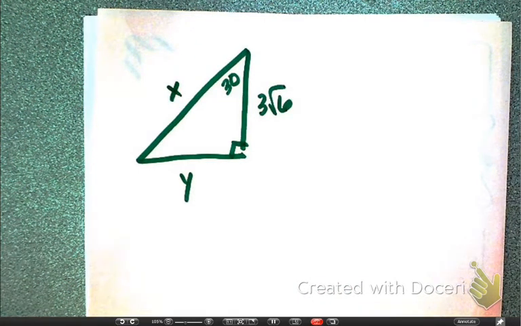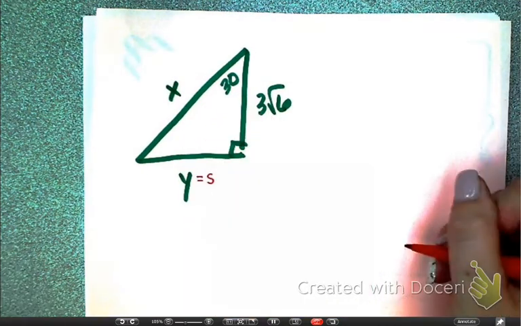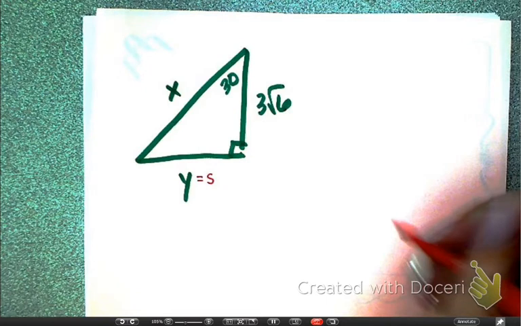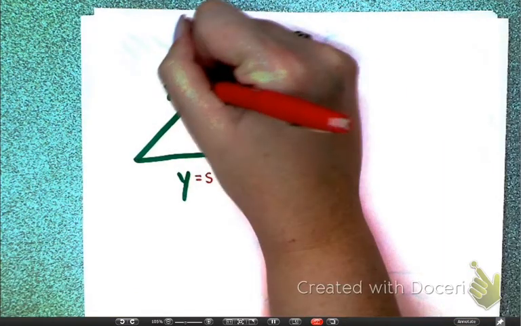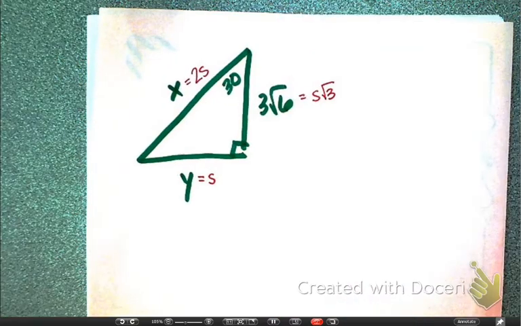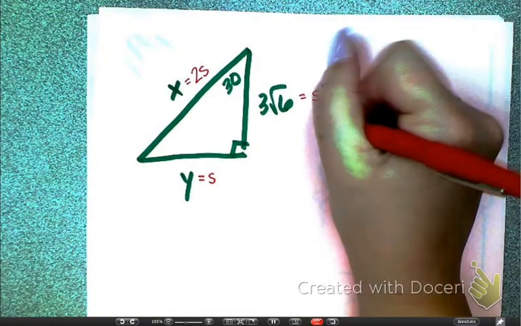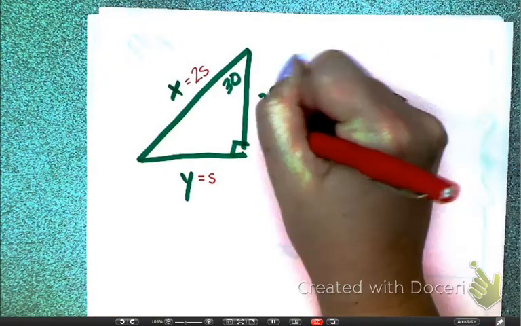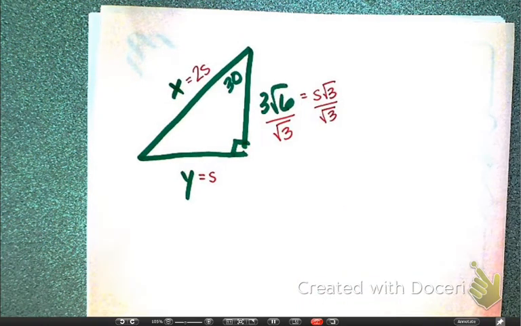All right, step 1 is to label our sides. So across from 30 is S. Across from 60 is S radical 3. And across from 90 is 2S. Now this is a good example where I actually have to solve for S. S is not by itself. So I am going to divide by radical 3.